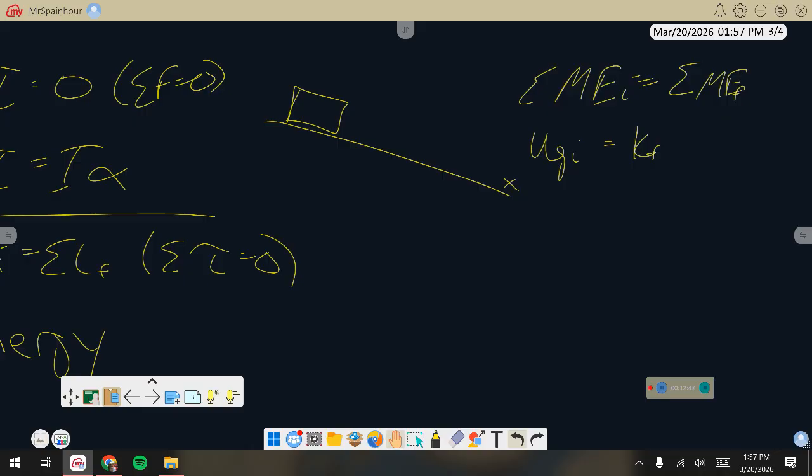So would they, starting here, have the same gravitational and initial energy? Yes. So should they hit the ground with the same kinetic energy? Yes. So based on that, which one should be going faster when they hit the ground? They should be exactly the same. And what you'll find in just a second is that's not the case.